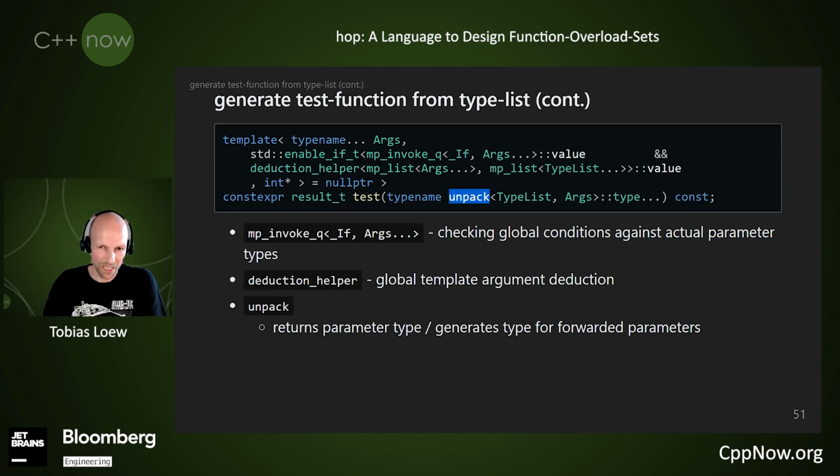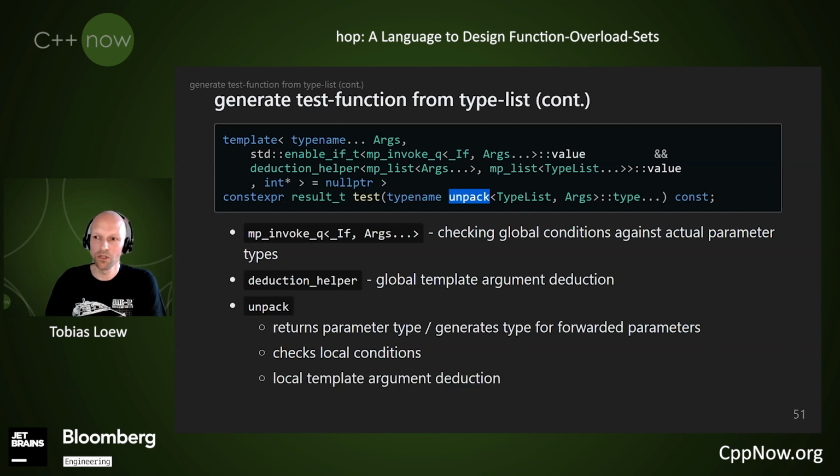In case we have a forwarding argument, we generate the appropriate forwarding reference from it. We also have to check all the local SFINAE conditions for this argument, and we also do local template argument deduction for this single argument. And finally, we also remove the tag types here.